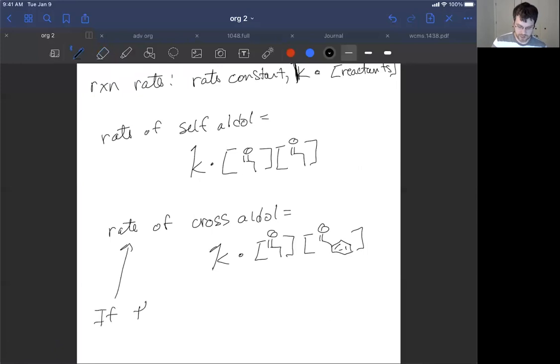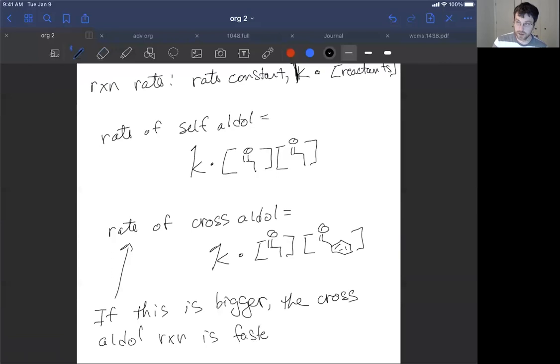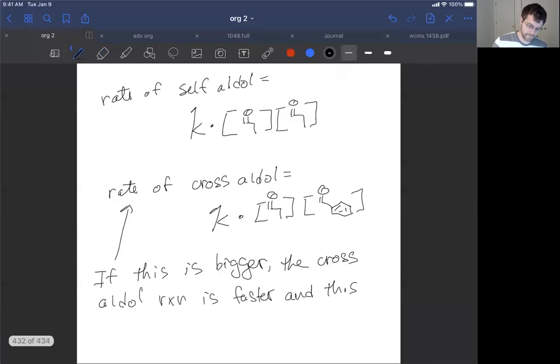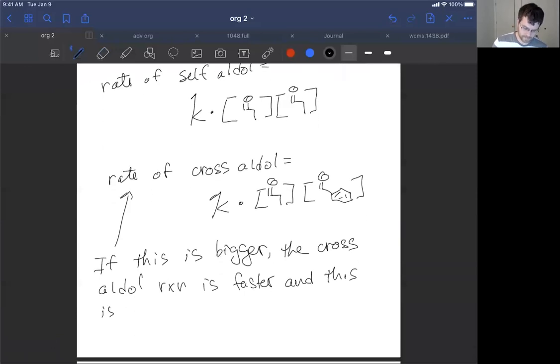If this rate is faster, or if that number is bigger, the cross aldol reaction is faster, and this product is preferentially formed. Okay, so then that's preferentially formed if that number is bigger.